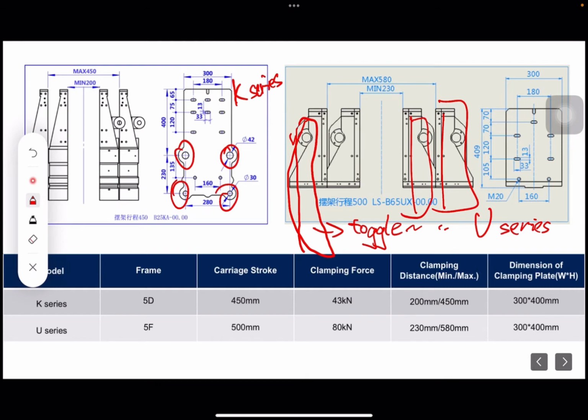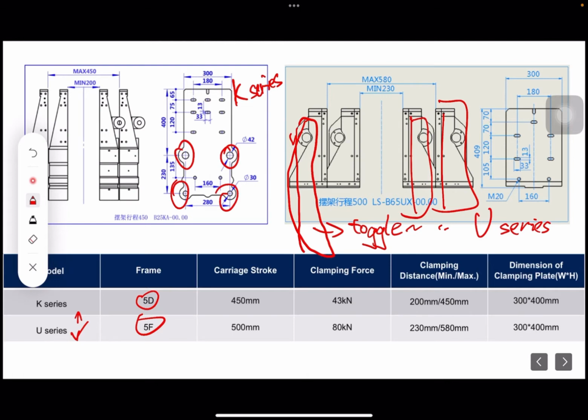Okay, after we know which one is K, which one is U, then check on the specific details in this form. There are 5D, 5F, and as you can see, U series is an upgrade model, right? So it has a better performance than K series. U series is better. So when we have some kinds, we usually recommend the U series over K series.